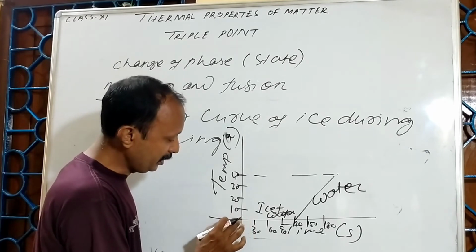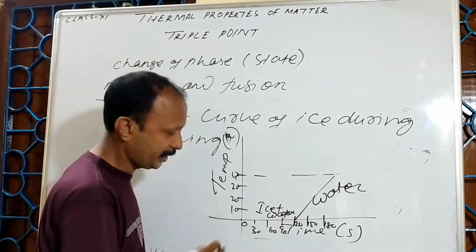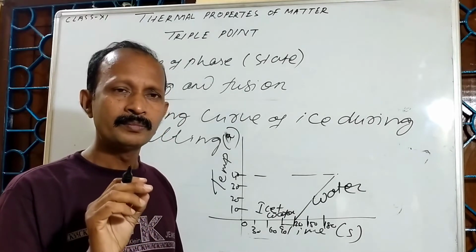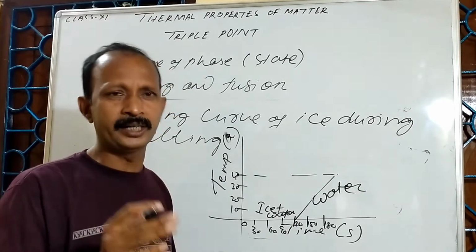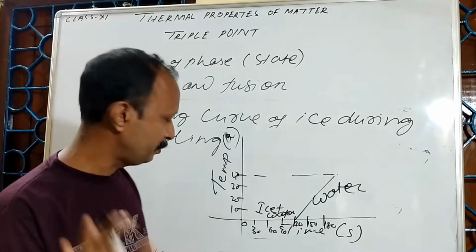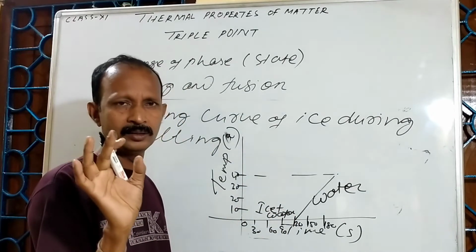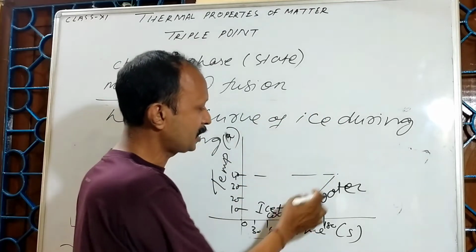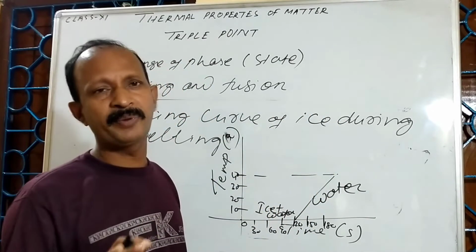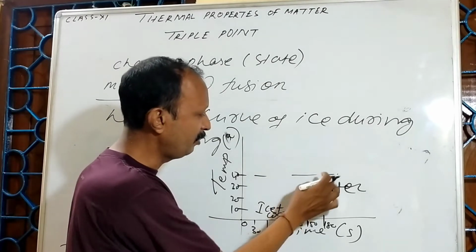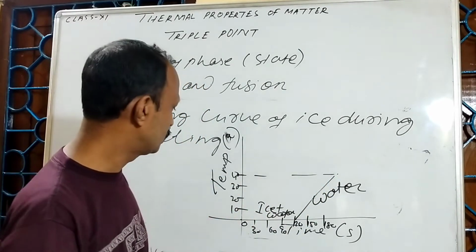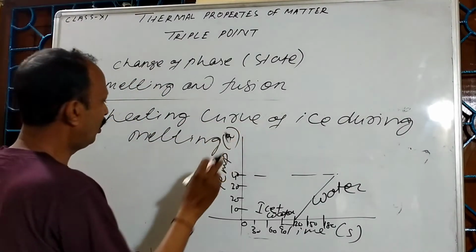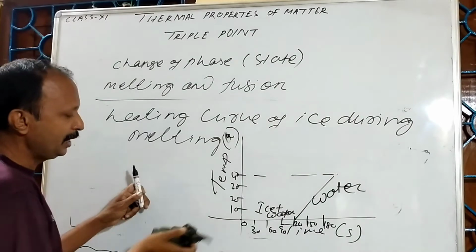So between 0 to 120 seconds, we find only change in state, not change in temperature. That means we find ice plus water. Once it is completely converted into water, it starts to increase its temperature. So during this time, we find only water. So this is about the heating curve of ice during melting.